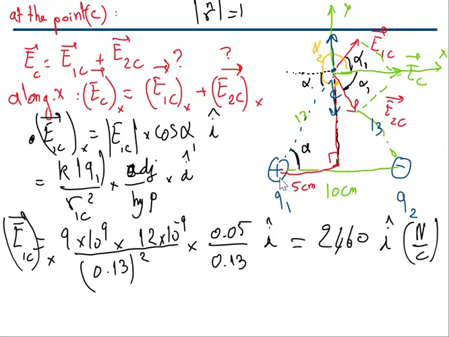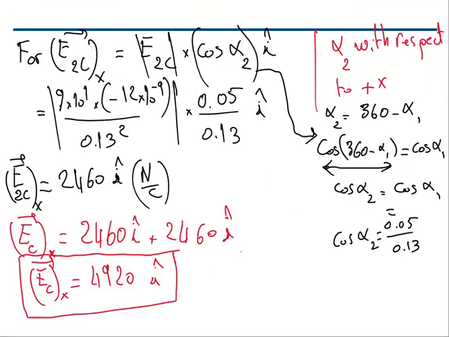The same magnitude of charge, 12 nanocoulomb, 12 nanocoulomb. So for the y component, what do we have?